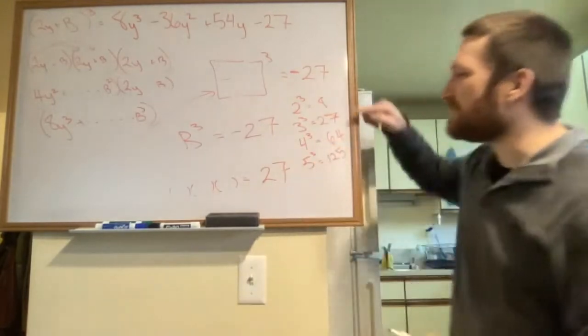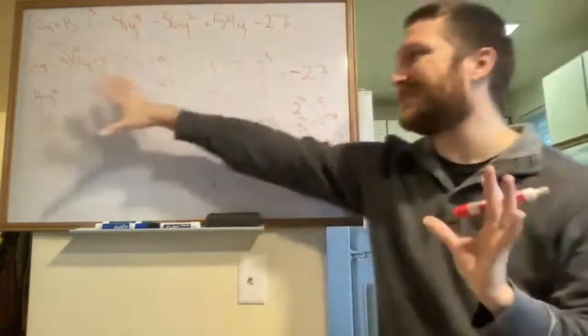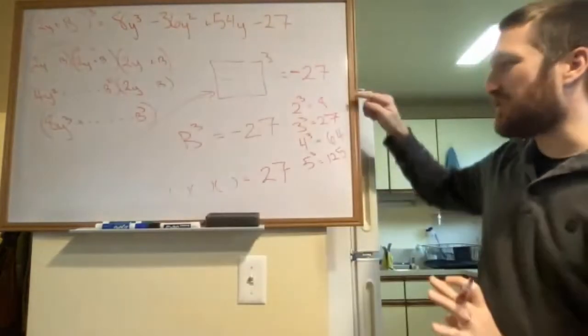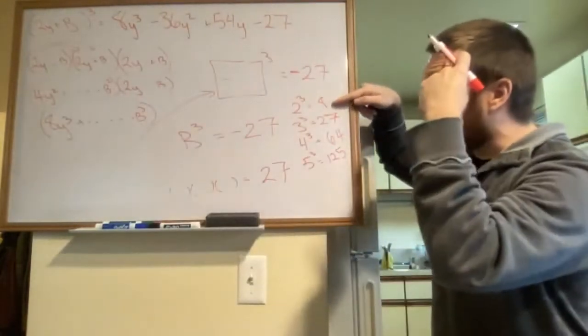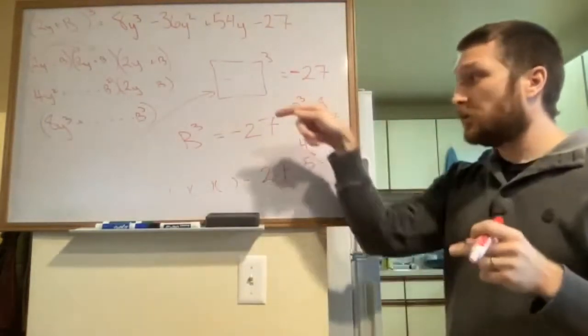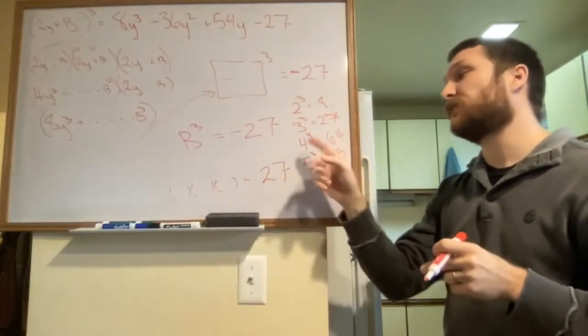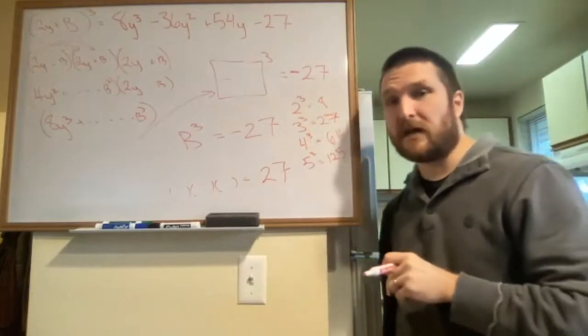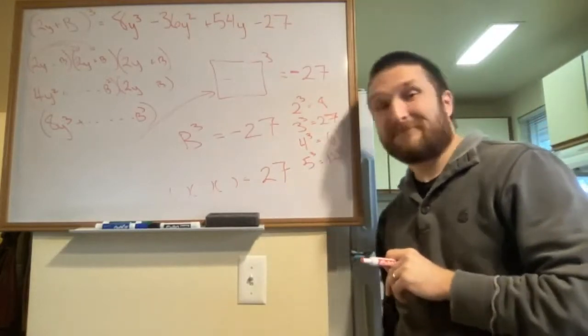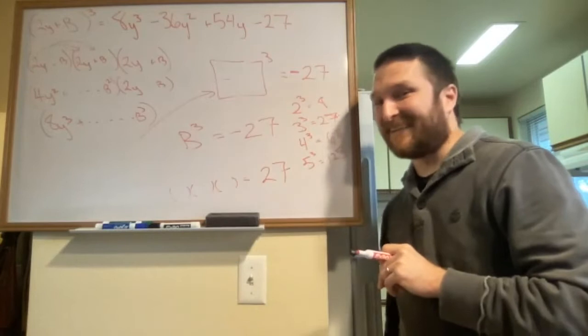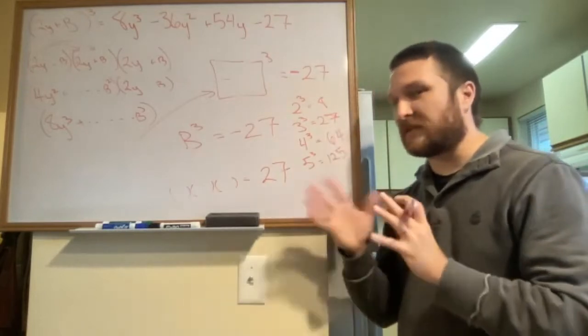So if you see these magic numbers somewhere in your homework, just remember, oh, 8, that's a cube. 8 is the same thing as 2 cubed. 27, that's 3 cubed. 64 is 4 cubed. It's also 8 squared. So sorry, that's the thing. We're going to have to be versatile, right?